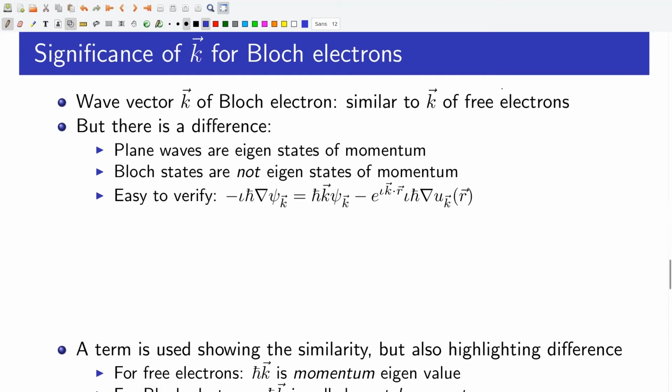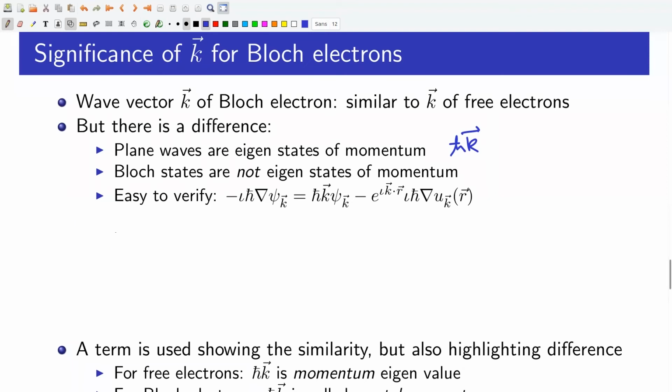Let us try to understand the significance of k for Bloch electrons. The wave vector k of Bloch electrons is similar to the wave vector k of free electrons, but there is a difference. We know that plane waves are eigenstates of the momentum operator with eigenvalue h bar k. However, Bloch states are not eigenstates of the momentum operator. This is very easy to verify.